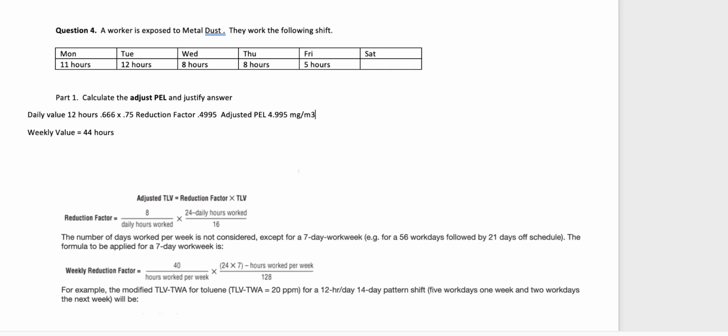And of course we need to round for significant digits here, but I'm just moving along and showing you how to do the math. And now we need to do it for our weekly value. Make sure we don't end there, or we may make a mistake.